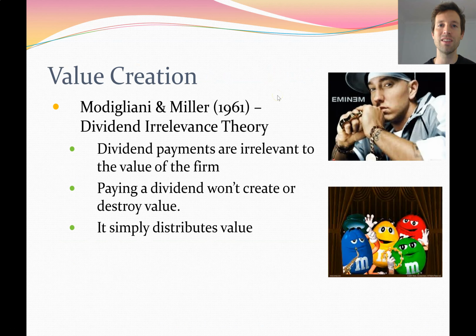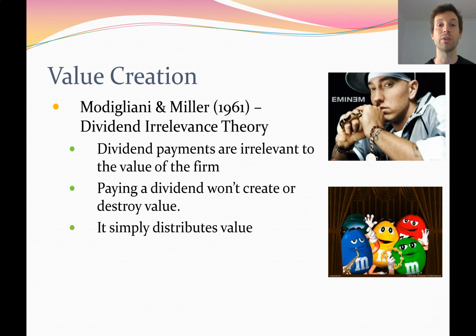In your introductory finance subject, you've probably learned a little bit about Modigliani and Miller. They had this theory, the dividend irrelevance theory from 1961, and it shows how the value of a firm does not change based on if the firm chooses to increase or decrease their dividend payout. That is, dividends are a financing activity.